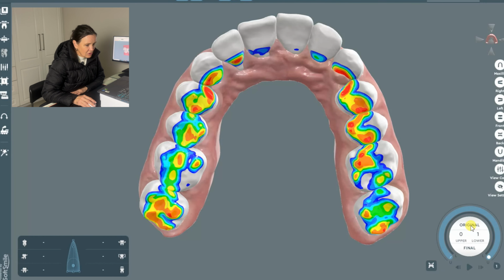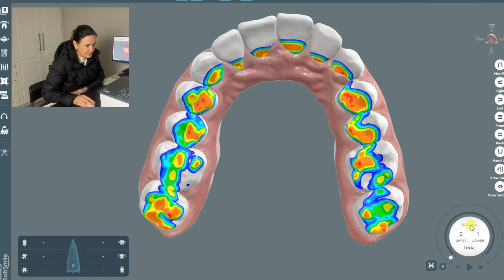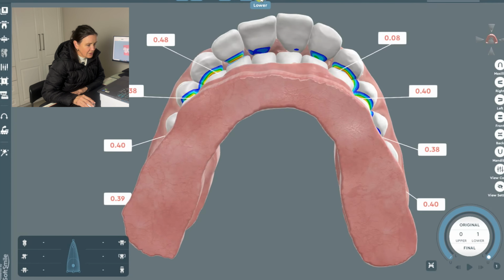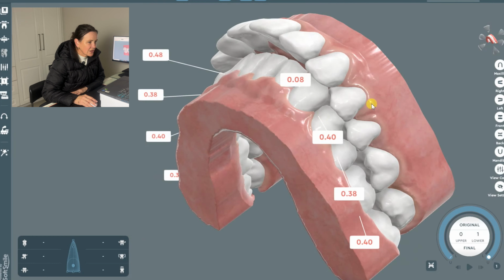There we're creating hard contacts. Let's just compare. The molars pretty much the same. The problem are the bottom, the premolars. Yeah, it may work. Let's see from the inside.